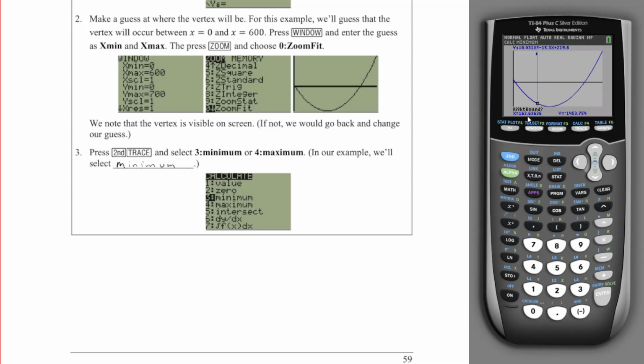And notice it put a little left bound marker. Now for the right bound, we want to go anywhere to the right of the vertex. This is fine. For our guess, we want to go somewhere close to the vertex. This looks fine. And then it tells us the coordinates of the minimum.